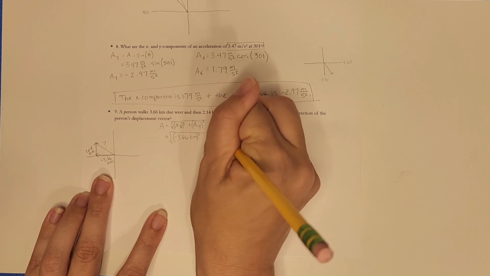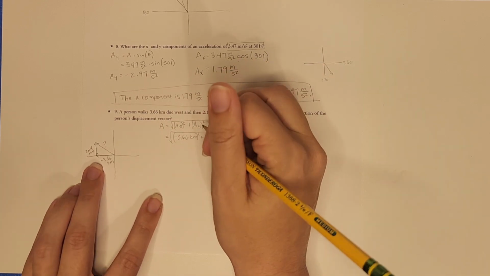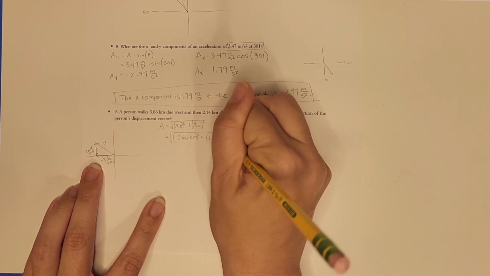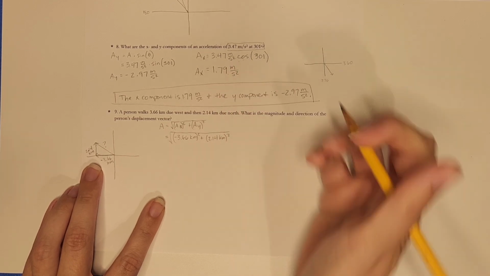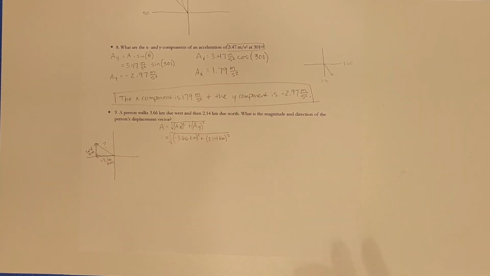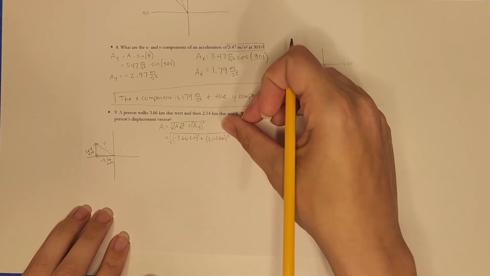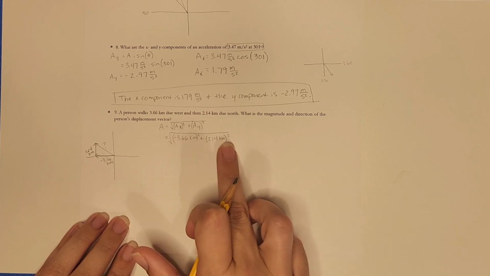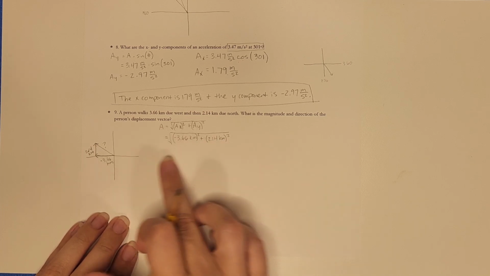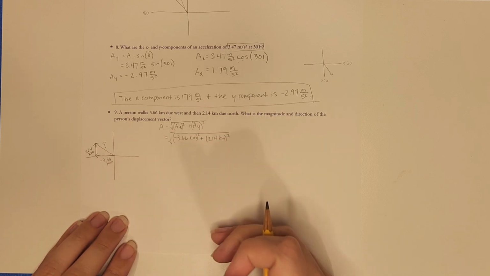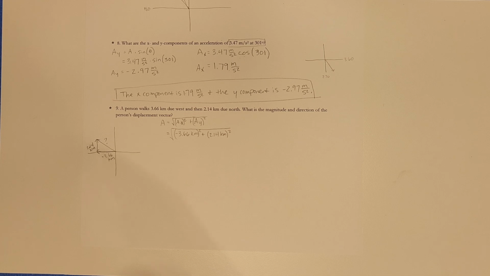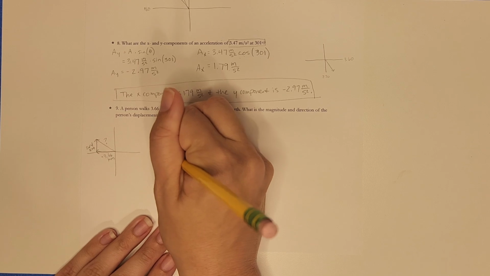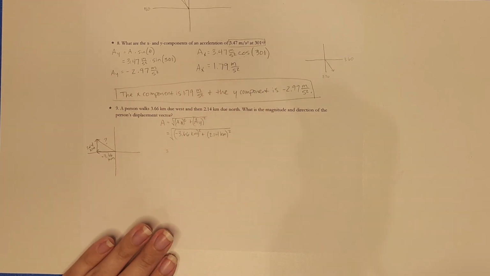Make sure this is all under the square root sign. And my AY is 2.14 kilometers, and we're going to square that. Now, whenever I am doing these hypotenuse equations, I'm always going to determine the squares first before I add it and do the square root. I'm going to do each part separately, and the reason for that is keeping my significant figures in line. So you'll see what I mean as we go through these problems.